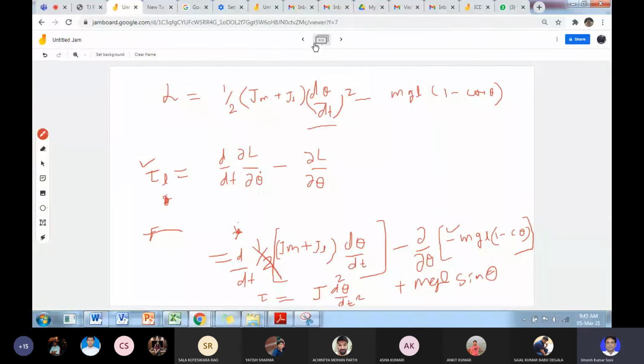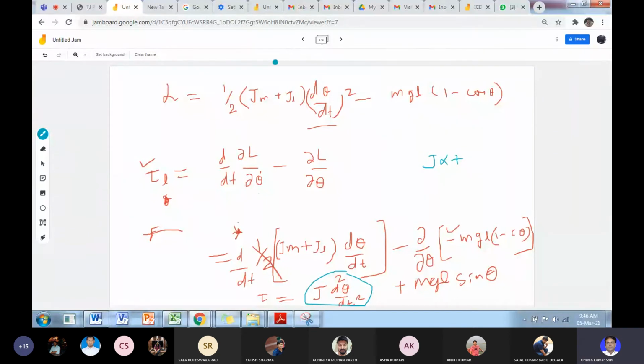And if you now check what these terms are, here this is J alpha plus the torque in moving the center of mass along a joint.